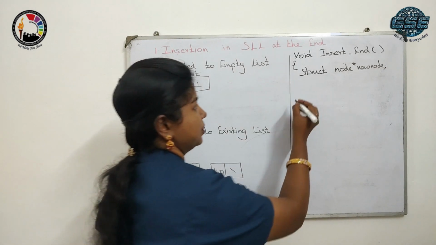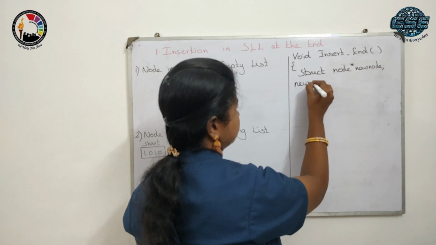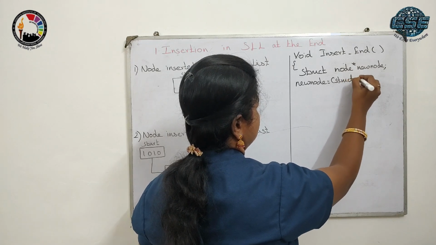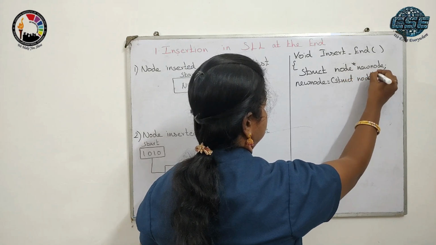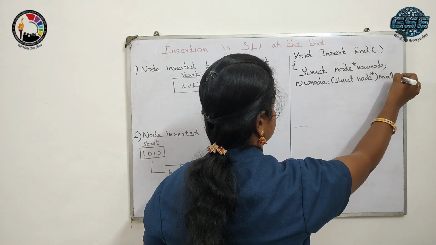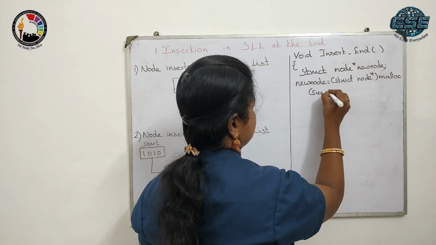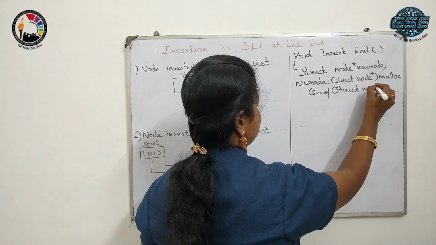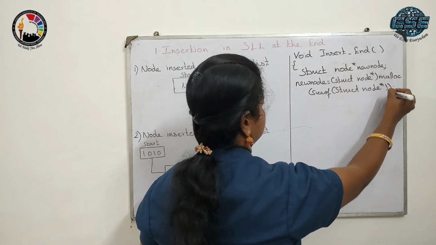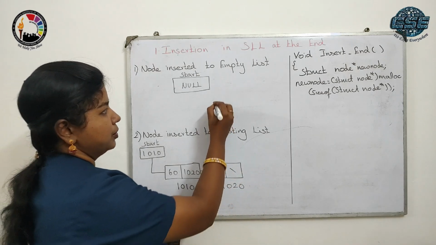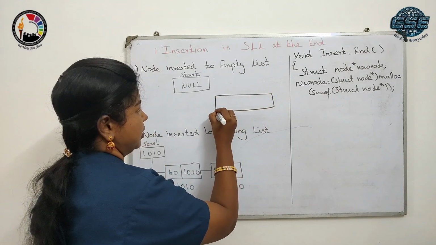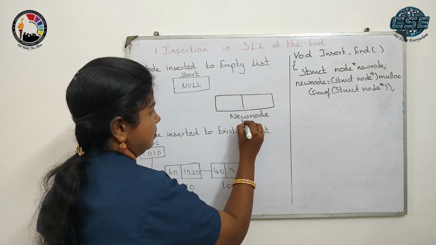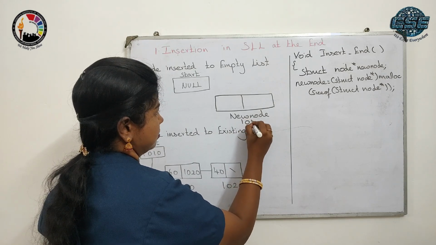So new node is equal to struct node pointer malloc size of struct node. So I have created a new node. A new node will be created at some memory address location.